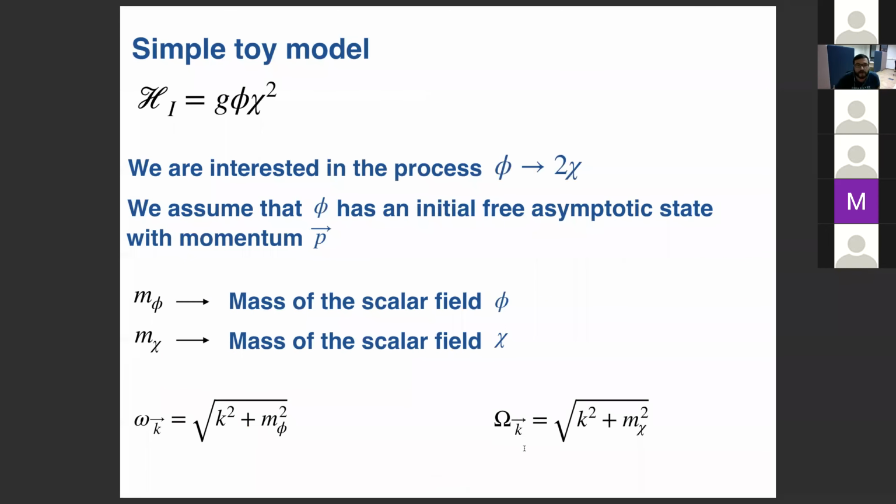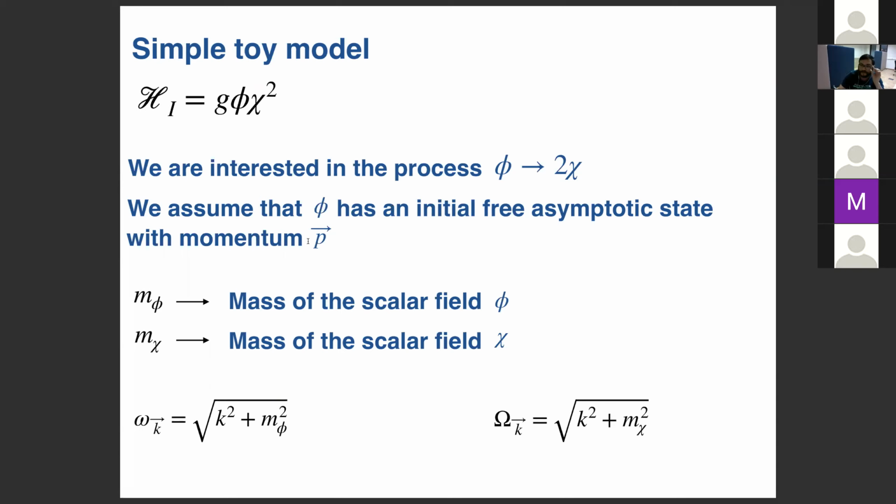We are going to study this decay in this simple toy model, where we have this interaction Hamiltonian given by this. Phi is the decaying field, and chi corresponds to the field which is produced. Then we are interested in the process where phi decays into maybe two states. We assume that at the beginning, we produce this phi field, and it behaves initially like a free asymptotic state with a single momentum.